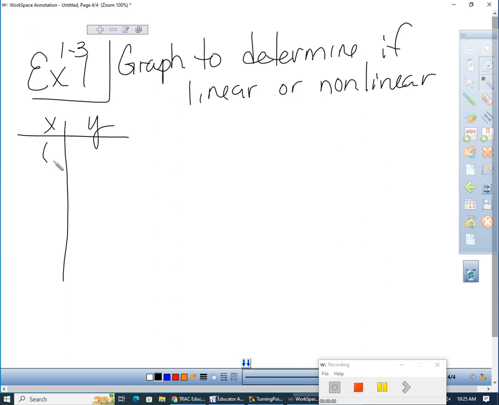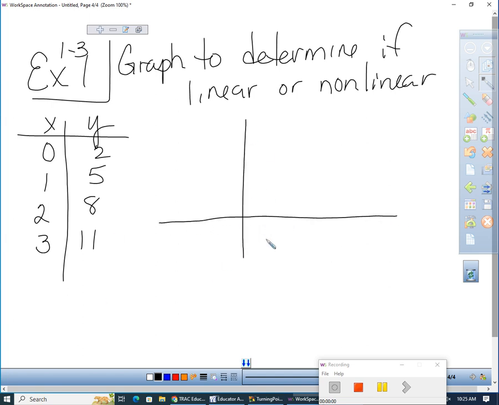Let's say I have 0, 2, 1, 5, 2, 8, 3, 11. So you go to your graph, and we're going to plot these and see if they end up in a line.